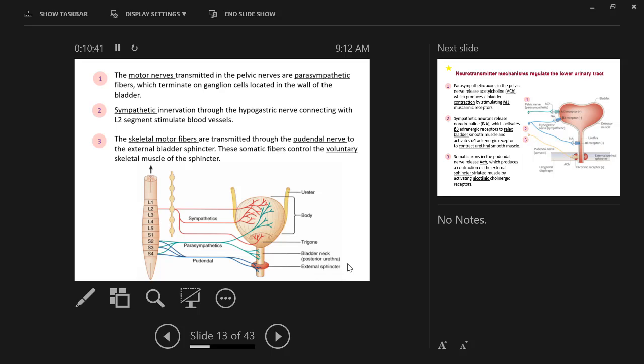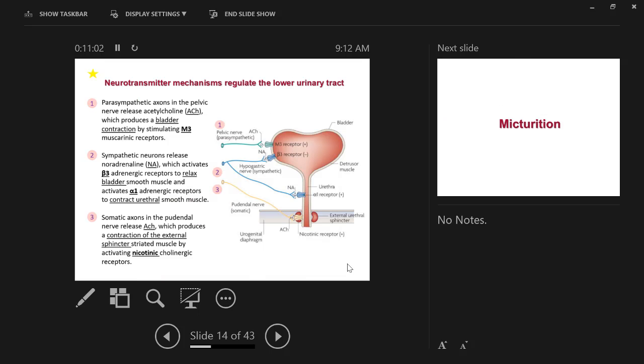Once again, that's a skeletal muscle controller. Those fibers go through the pudendal nerve, I don't know how to pronounce it, and control the external sphincter. Okay, enough for this. So this is the first slide, important.